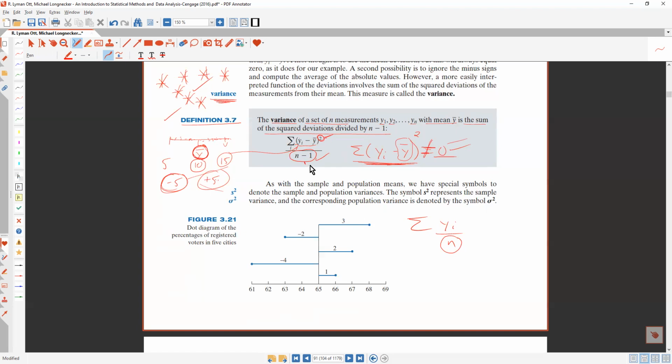The concept of division by n minus 1 here is the same concept as dividing by n over here when calculating the mean. We're taking the sum of observations, and then we're asking how many pieces of information went into that sum. We're taking the sum of observations, in this case squared deviations, and we're asking how many pieces of information went into that sum.